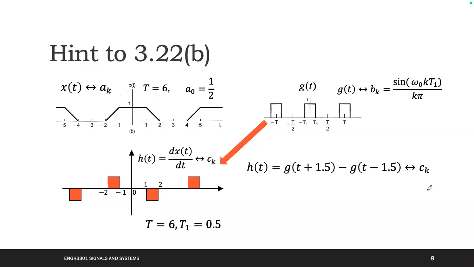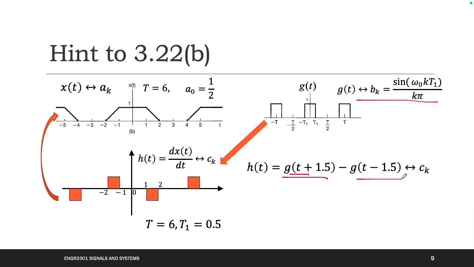Then what properties will you use? If you want to find the FS coefficient for this one and this one, what properties will you use? The shifting property. That makes sense to you?